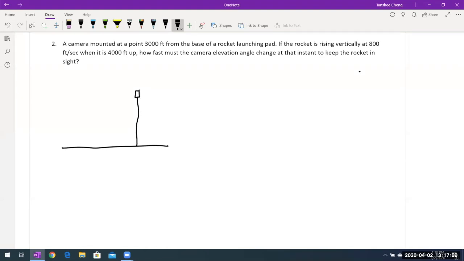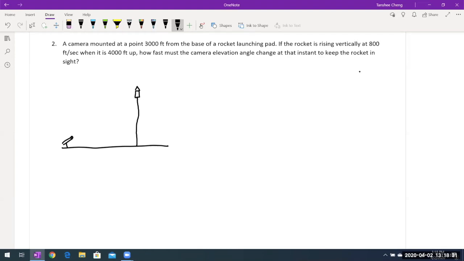And there is a camera on the ground looking at the rocket. I should draw this a little bigger so that you can see the angle of elevation. The camera starts from here and moves up as the rocket is moving.